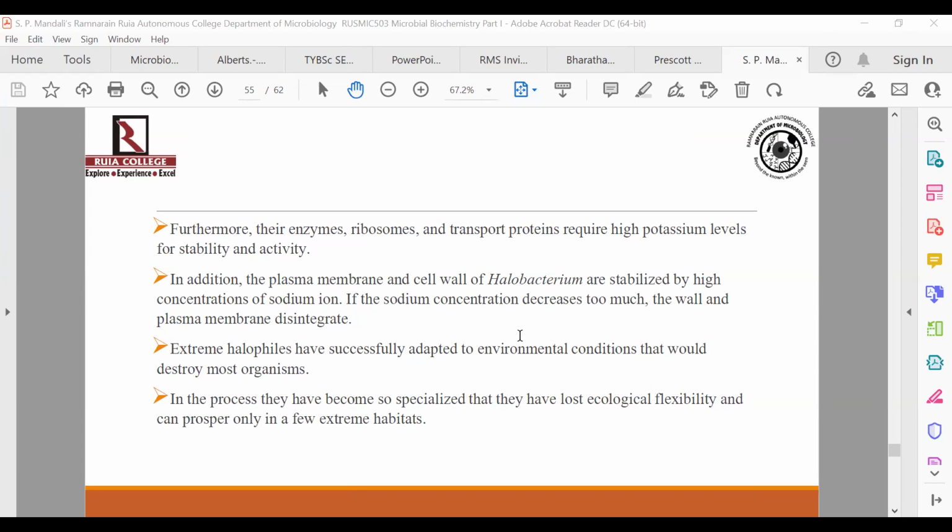Now they have become so specialized that you cannot grow them in normal conditions. Vice versa, if you bring some extreme halophiles from marine conditions to the lab and try to grow them in a lab medium, unfortunately they cannot grow in normal conditions. They need that kind of high salt concentration, because all their mechanisms, all their metabolic processes, all their cellular components have been adapted in that manner so that they cannot survive without salt anymore.